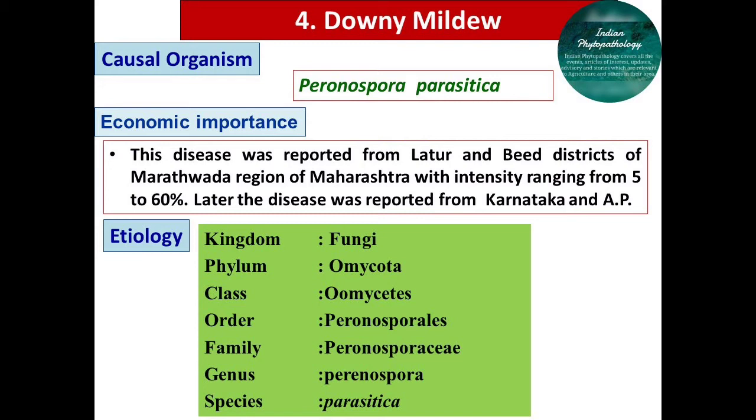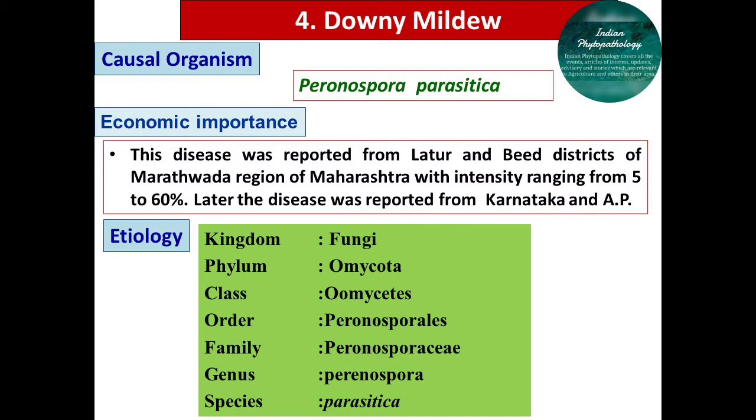Development of basal galls is also found independently of the infection that results in systemic infection. In infected plants, flower heads are erect. So this is another particular mark of identification to identify this downy mildew.